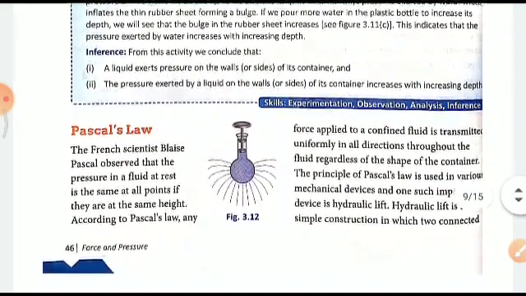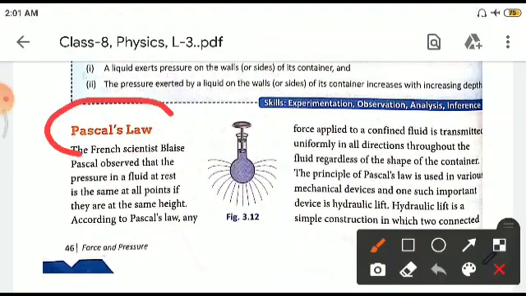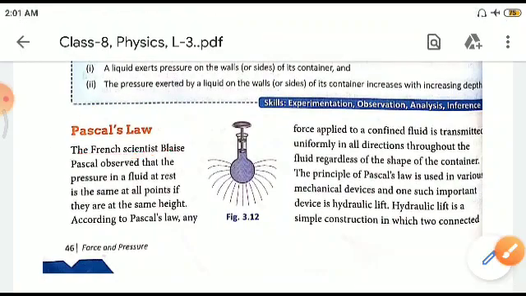Now we come to the most important part of this chapter, which is Pascal's law. Pascal was a French scientist. Blaise Pascal observed that pressure in a fluid at rest is the same at all points if they are at the same height. According to Pascal's law, any force applied to a confined fluid is transmitted uniformly in all directions throughout the fluid, regardless of the shape of the container, right.